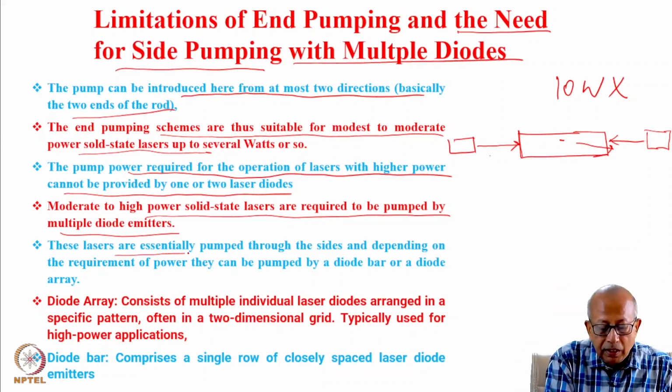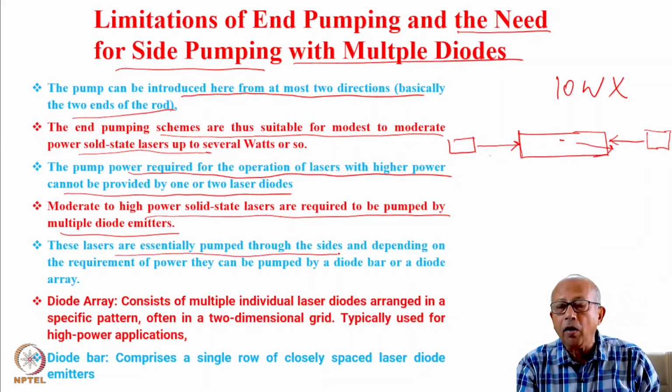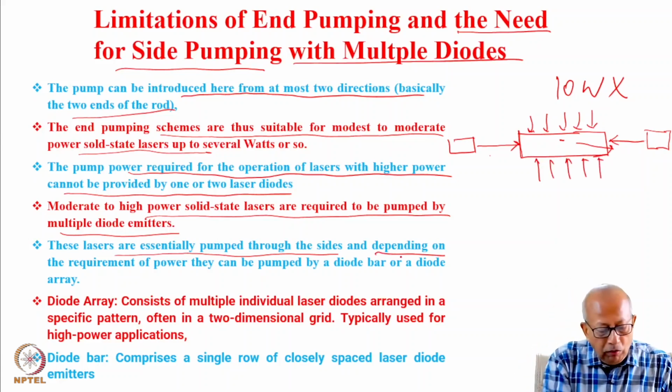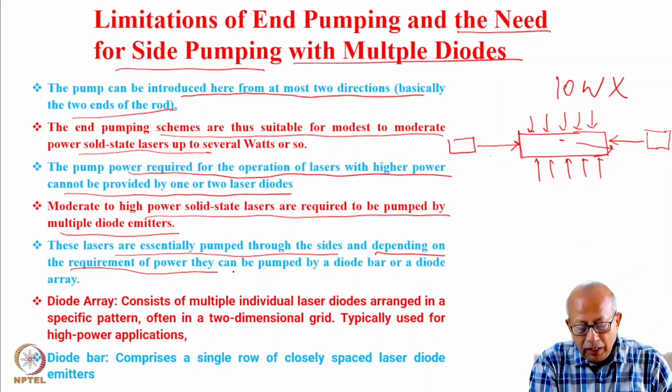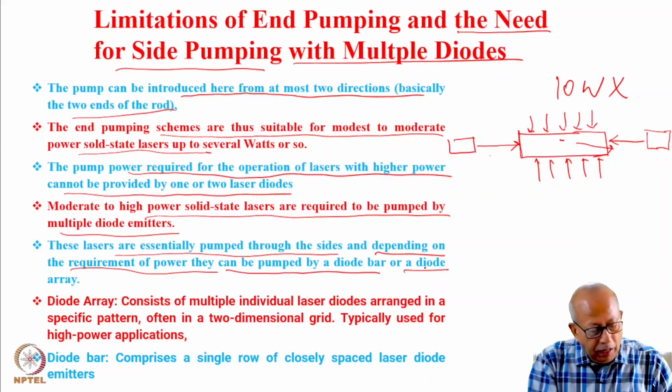These lasers are essentially pumped through the sides. You have to use many diodes and pump them from the sides. Depending on the power requirement, they can be pumped either by a diode bar or a diode array.